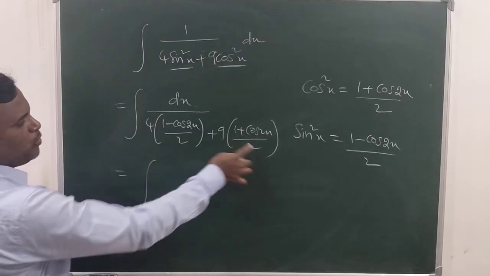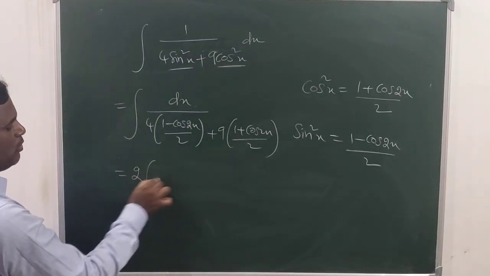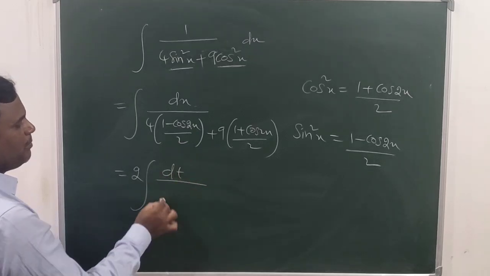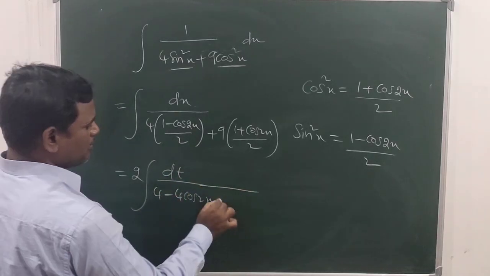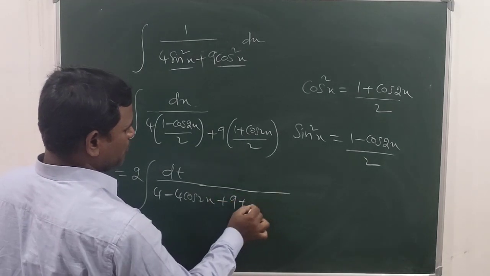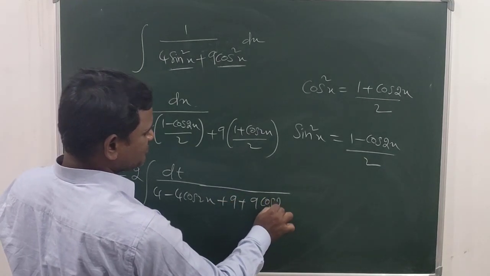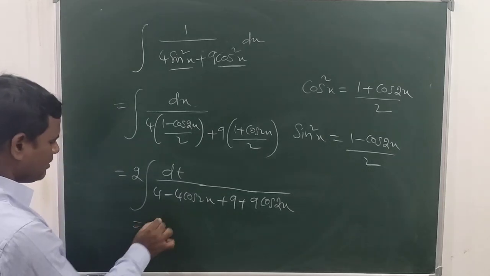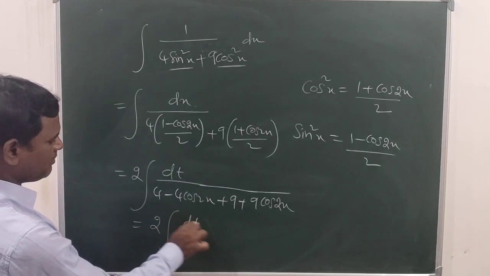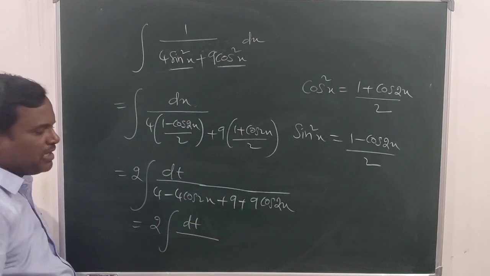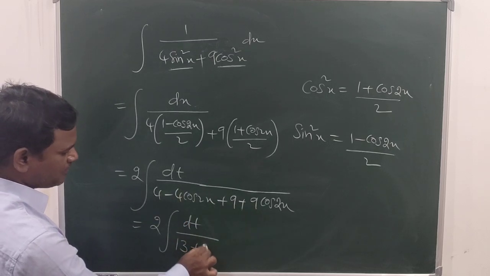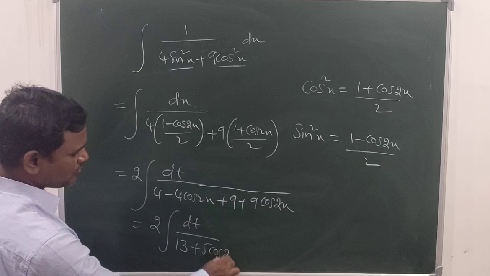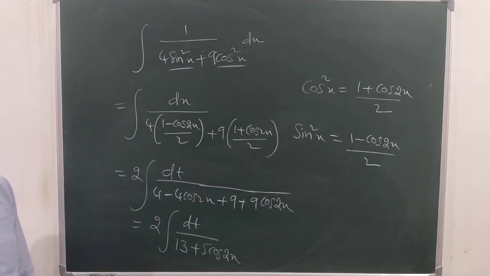Now in the next step 2 will go into the numerator. Write that 2 outside. dx by 4 minus 4 cos 2x plus 9 cos 2x. Okay. 2 into dx by 9 plus 4, 13. 9 minus 4, 5.